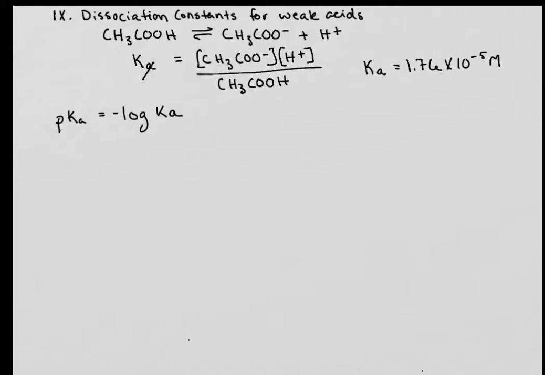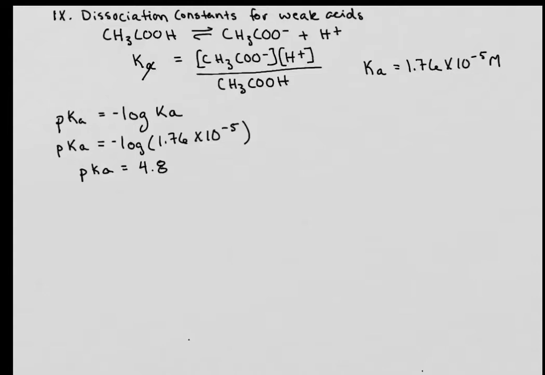And so if we plug in to get pKa, we find that that is equal to negative the log of 1.76 times 10 to the minus fifth, and that pKa is going to be equal to 4.8. It's like, cool, that's a less cumbersome number, but what does it really mean to us?